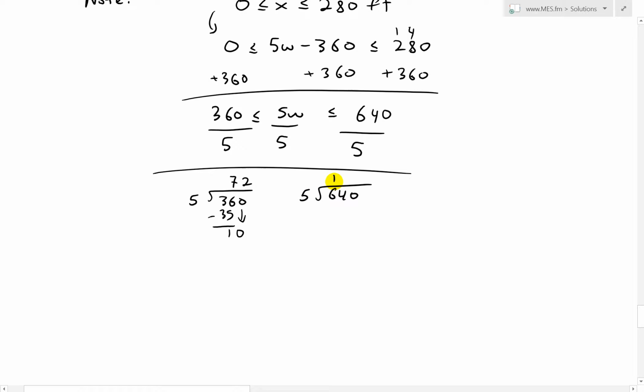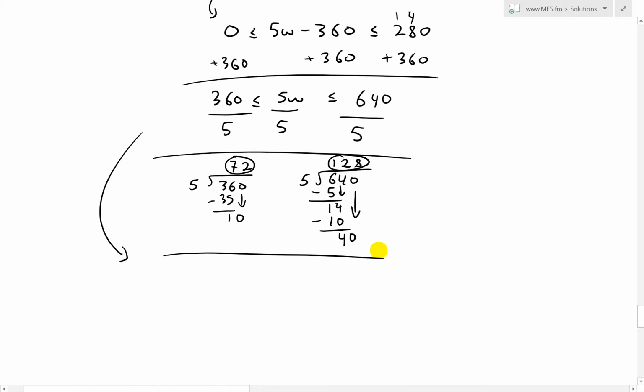Well, 5 goes into 6 once. 5 times 1 is 5. Minus, so we have 1. Put the 4 down. 5 goes into 14 twice. That's 10. Subtract, we get 4. Put the 0 down, and now 5 goes into 40 eight times. So we have 72, and this is 128.